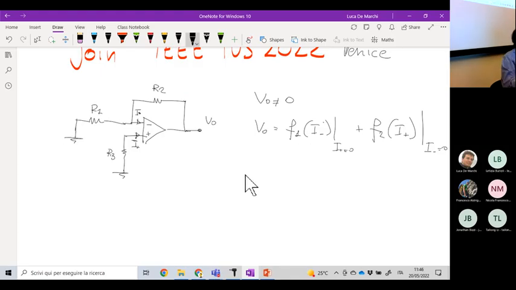So let's consider the first condition. First step, I plus equal to 0. And I want to determine the relationship between I minus and the output.